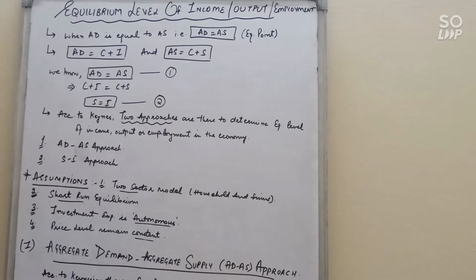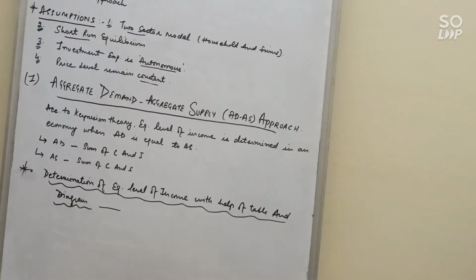Now let's start with the first approach, the AD-AS approach, through which we can determine the equilibrium level of income, output and employment. According to Keynes, we can determine the equilibrium level of income where AD is equal to AS. Under this, first we will explain AD.